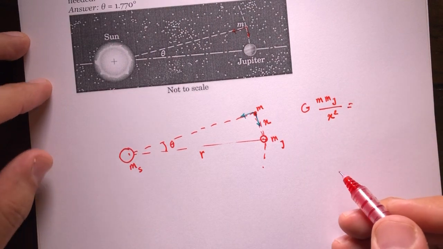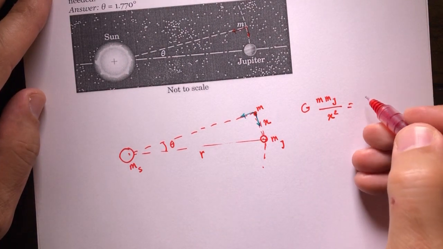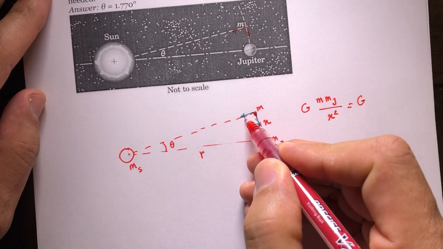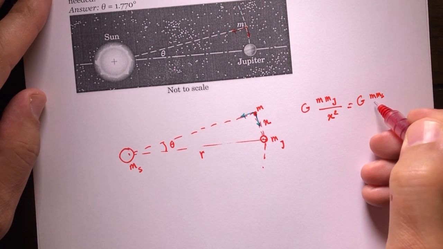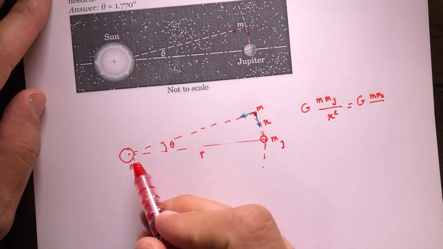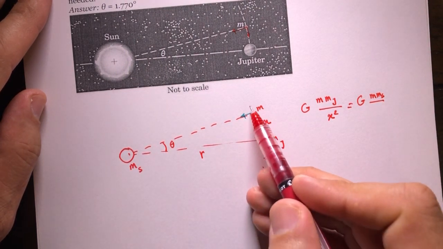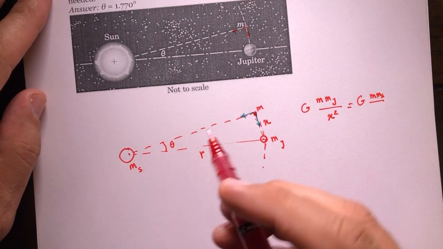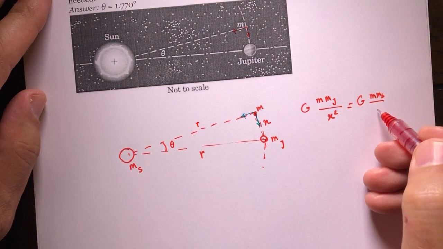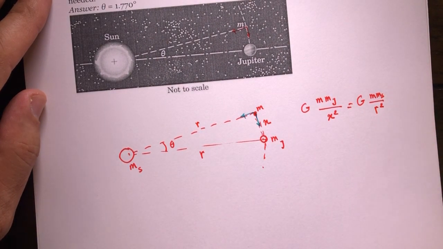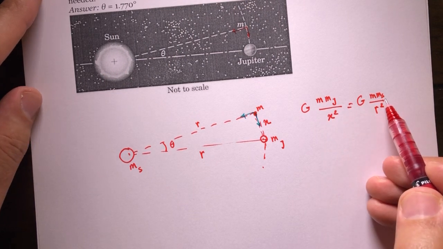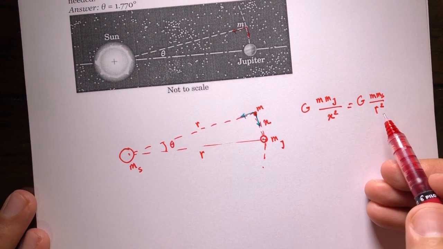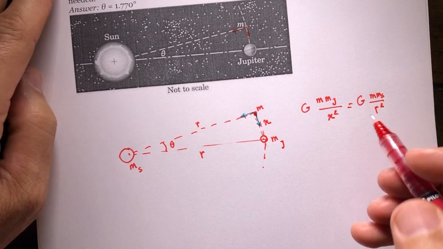It's going to be equal to G, this force, ms divided by the distance between these two. Because the particle is on the same orbit, the distance is going to be r. So r squared.